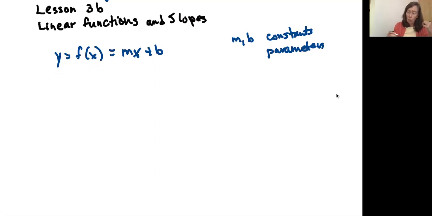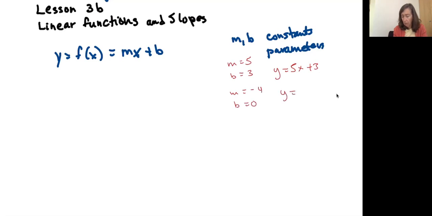Another way to think about it is what we would do if we're thinking about a particular linear function is we would pick particular values of m and b. So if we had m equals 5 and b equals 3, that would give us one particular linear function, y equals 5x plus 3, or m equals negative 4 and b equals 0.